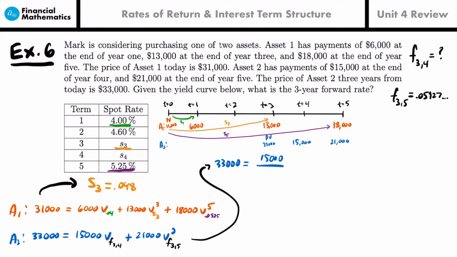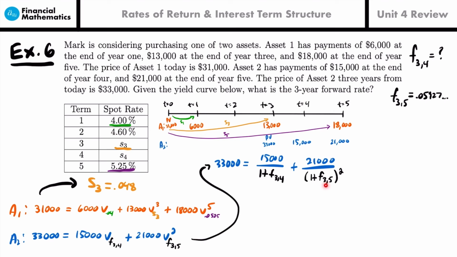So we just have 1 plus F sub 3 comma 4, and then we're adding that to 21,000 divided by 1 plus this forward rate squared, right? This present value factor would be 1 divided by 1 plus this forward rate squared, so we're just multiplying it by 21,000. So in the denominator, we have 1 plus F sub 3 comma 5 squared.